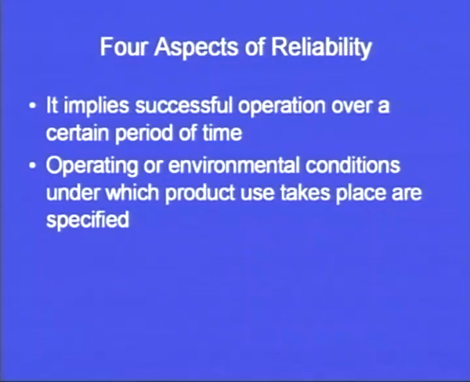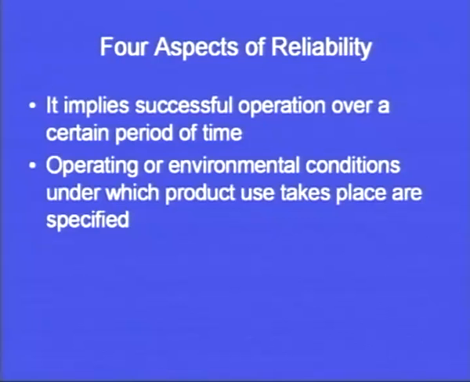It implies successful operation over a certain period of time. Again and again the probability function of reliability is being discussed, and it varies over a period of time. So the product is performing satisfactorily, and it is performing satisfactorily for a period of time.